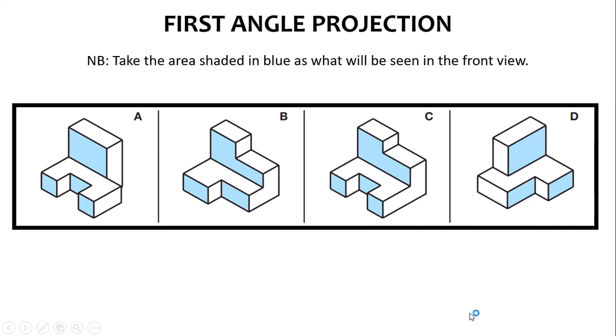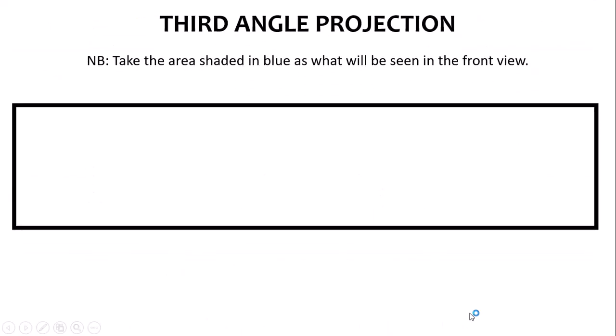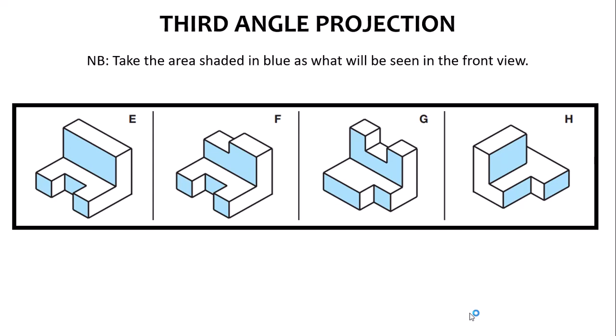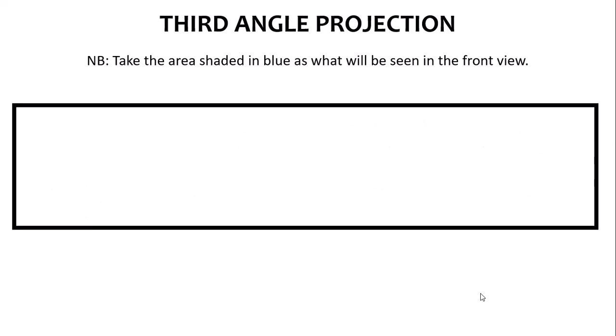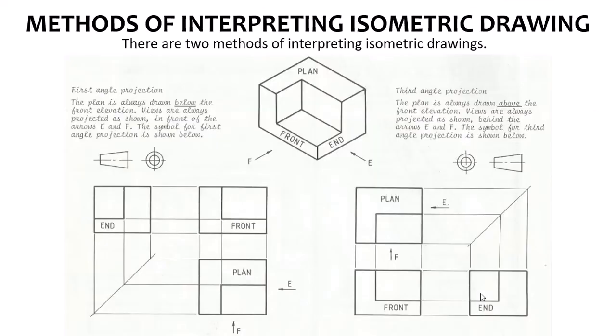Now, we're going to be using different figures for our third angle projection. We're going to be using E and F. GH are also going to be your simple exercise that you need to carry out. So how can we draw E and F in third angle projection? If you can remember, we said for third angle projection we'll be doing the opposite. The front is going to be below the plan, or if you can remember from the previous slide that we had, these are the rules just to help you remember.